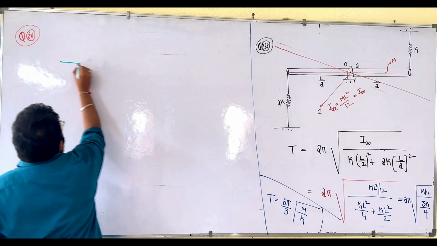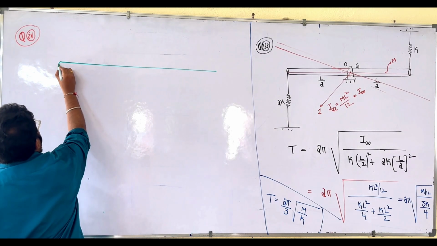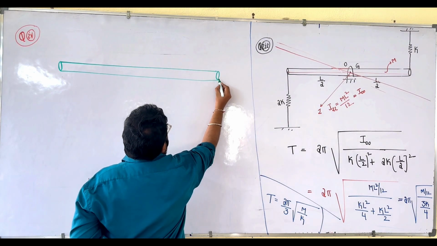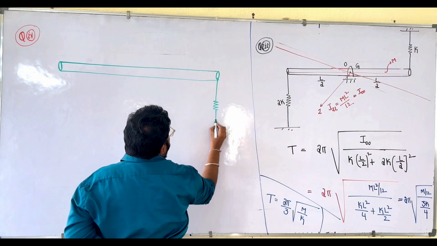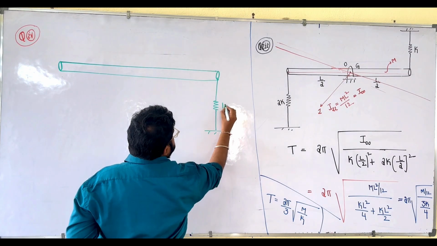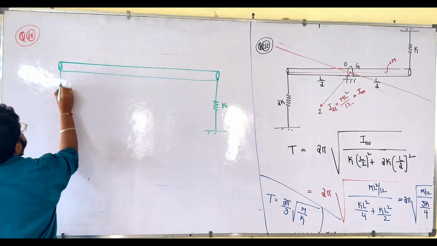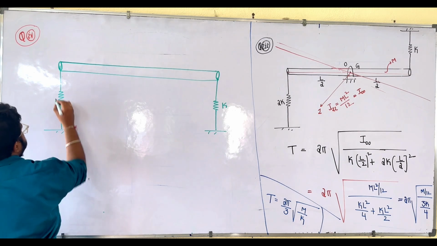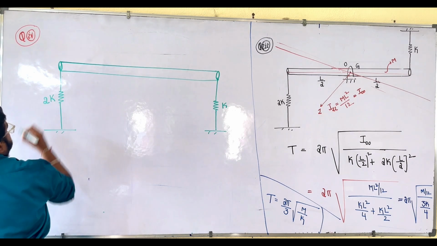It's a rod. Here I am taking one spring downward, this is K. Here also one spring downward, this is 2K.